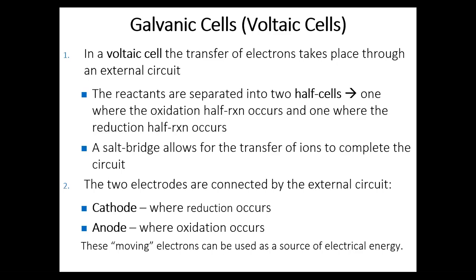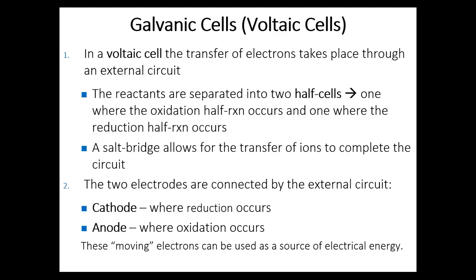So the reactants are separated into two half cells, as we have discussed. Two half cells means two things are going on, and electrons are going to move from one place to another. In the galvanic or voltaic cell, one cell has the oxidation half reaction happening in it, and the other has the reduction half reaction.